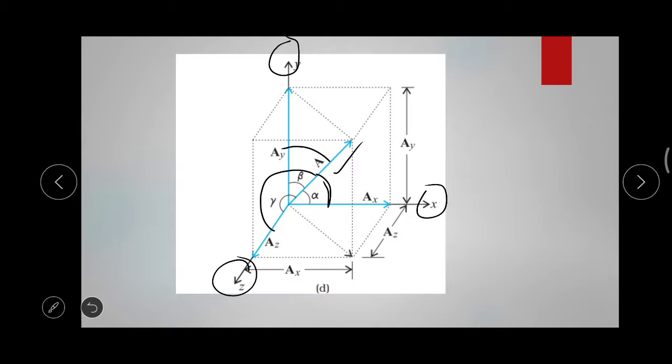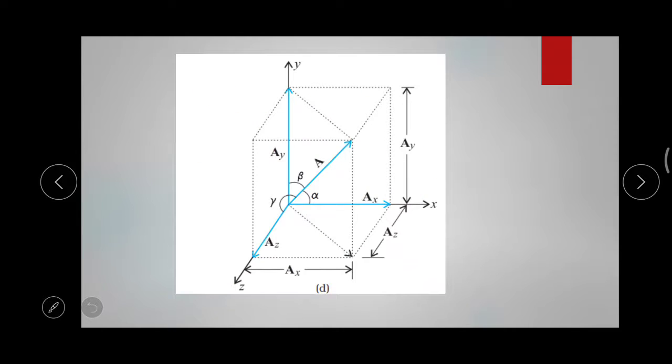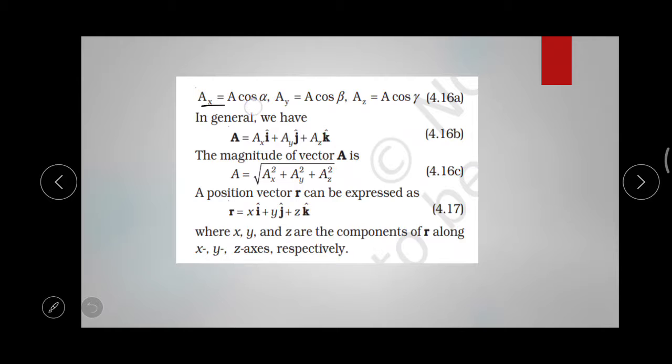So there will be 3 components in 3 dimensions for a vector, one along the x axis, then the y axis and the z axis. As the angle between the x axis and the vector A is alpha, the magnitude of Ax will be A cos alpha, and Ay will be A cos beta, and Az will be A cos gamma, where the angle between the z axis and vector A is gamma.